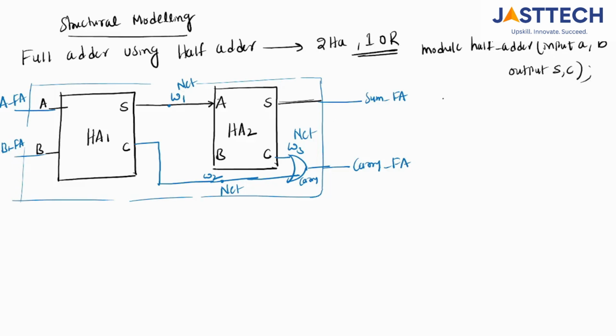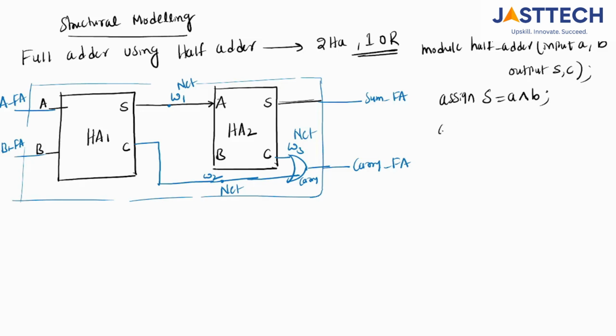And I'm using data flow modeling, that is, I need to use a continuous assignment statement. Assign S equal to A XOR B. This is nothing but the bitwise XOR operator, and these operators we will discuss separately.